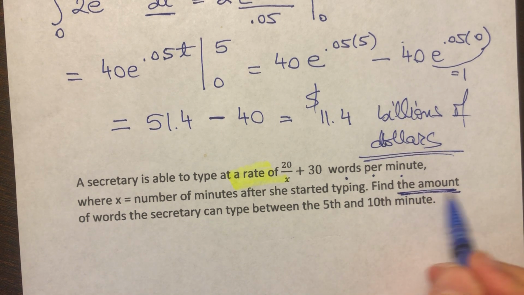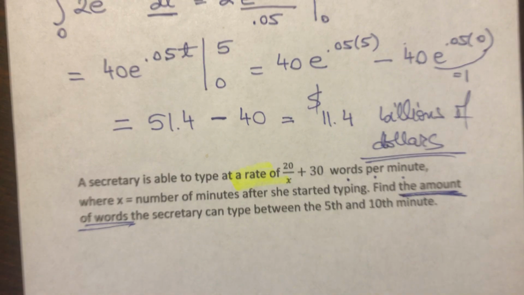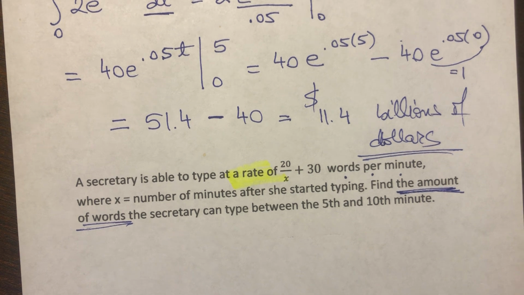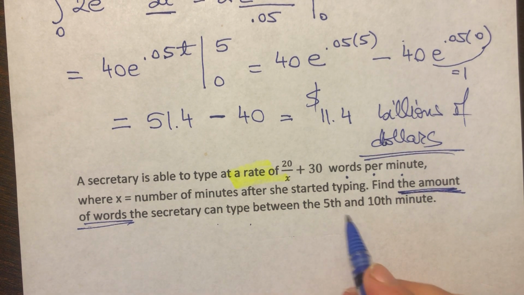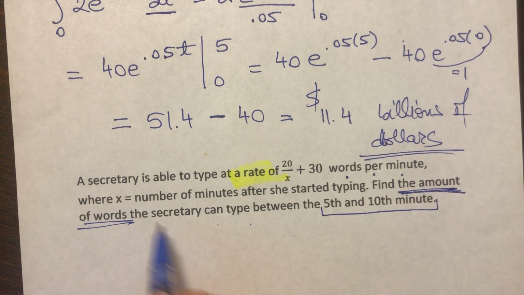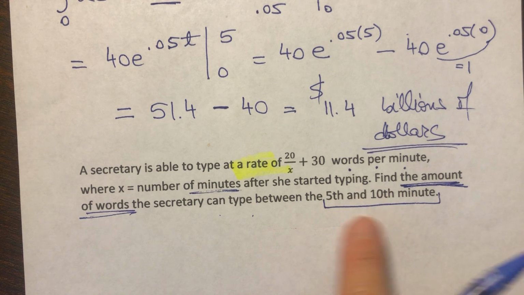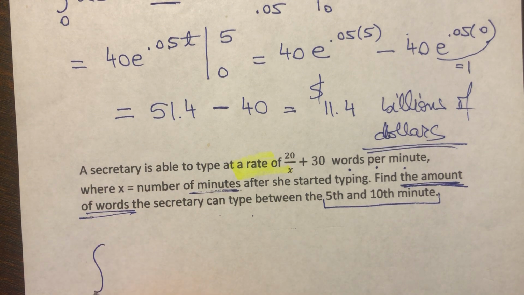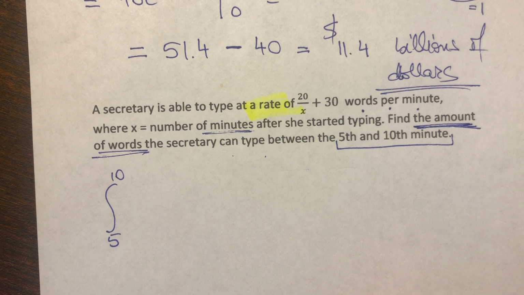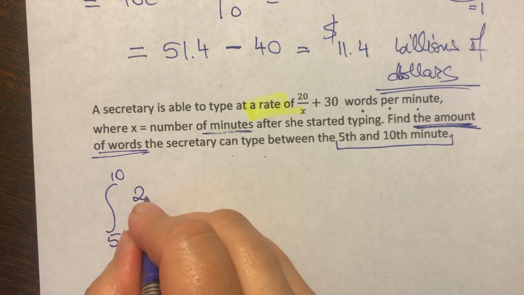Find the total amount of words the secretary can type between the 5th and the 10th minute. So that's number of minutes. And again, see how I'm giving you 2 limits of integration from here to there. And that will tell you, again, that it's a definite integral, right? It's an accumulation.